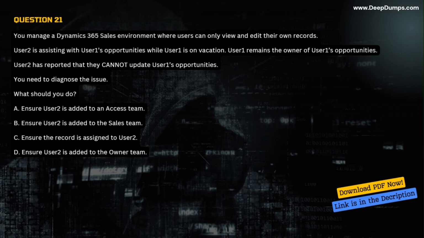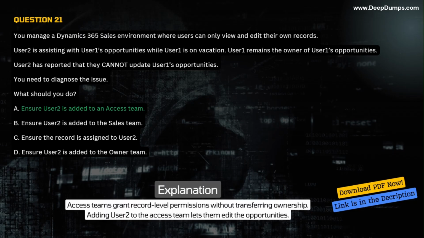What should you do? A. Ensure User 2 is added to an access team. B. Ensure User 2 is added to the sales team. C. Ensure the record is assigned to User 2. D. Ensure User 2 is added to the owner team. Correct answer: A. Ensure User 2 is added to an access team.